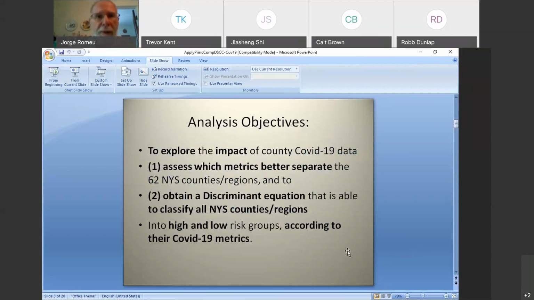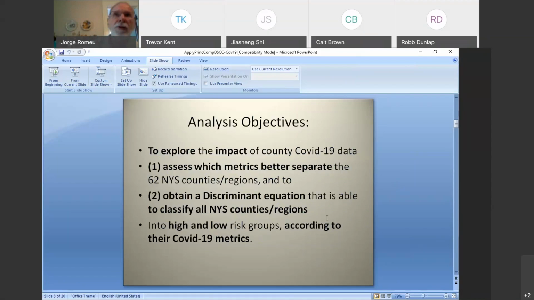The current multivariate analysis paper has the following objectives: to explore the impact of county and regional data in New York State with respect to opening of the regions, because this paper was done at the time that New York State was in lockdown.